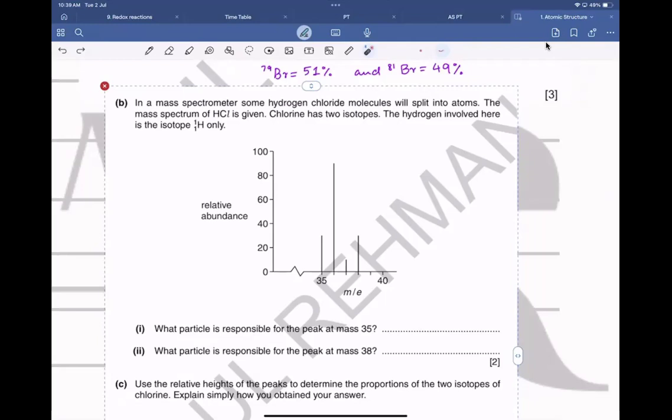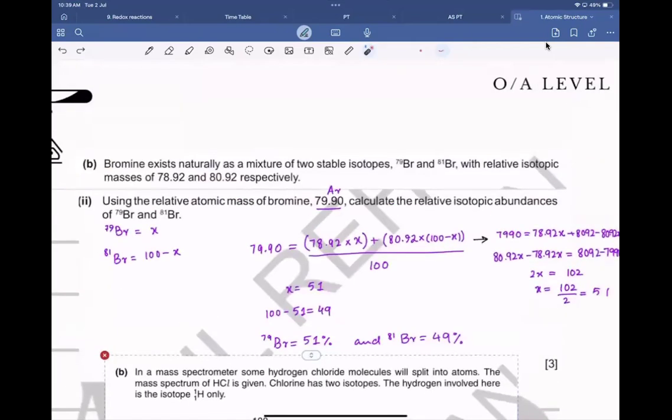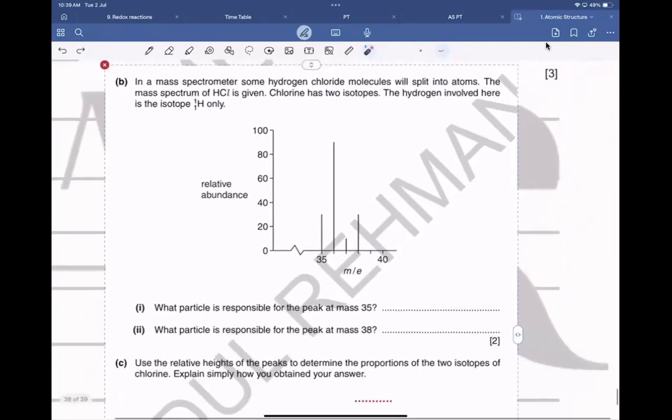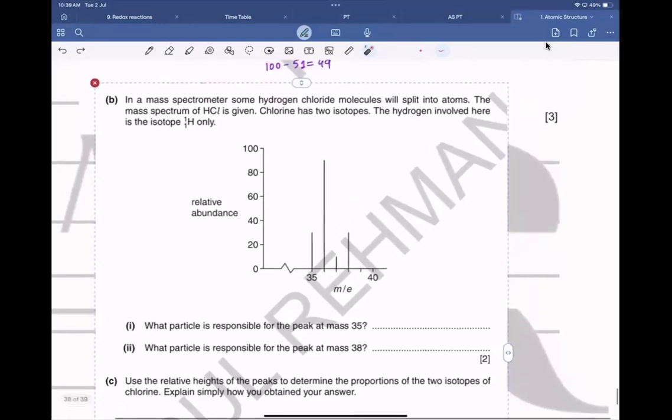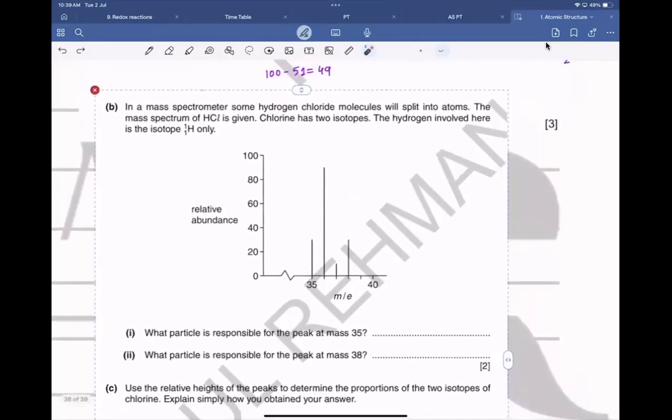Okay. Now you said that 35 is the mass, 35 is which substance, chlorine, right? Yes. Obviously, it is going to be chlorine because hydrogen has a mass of only 1, and that is the smallest mass we are getting.